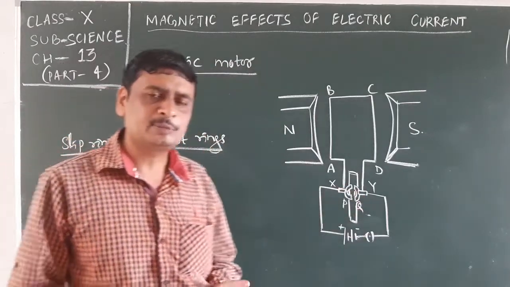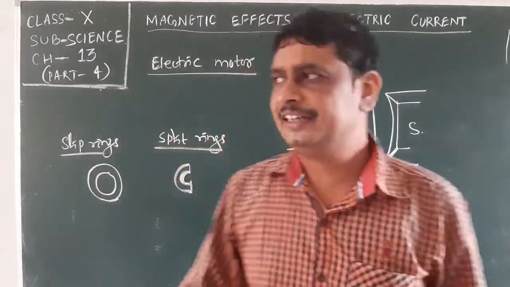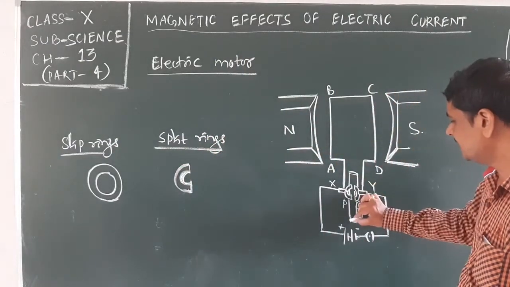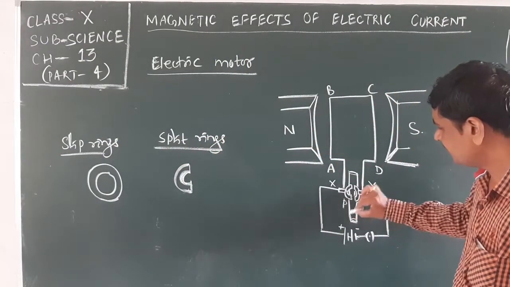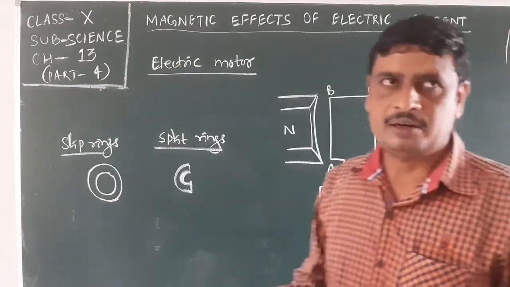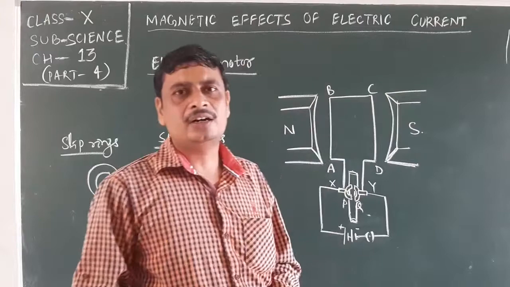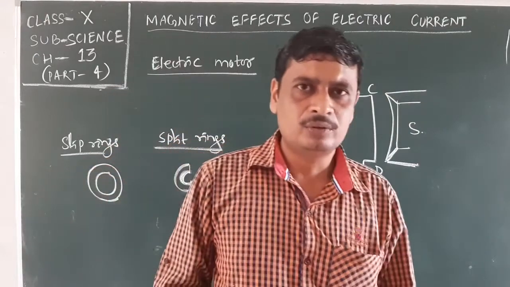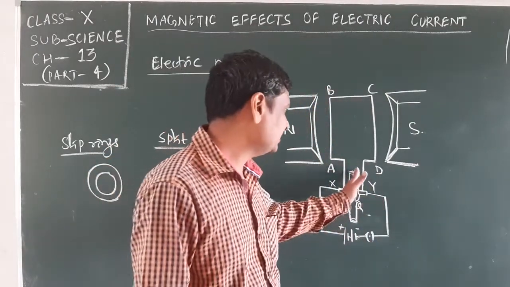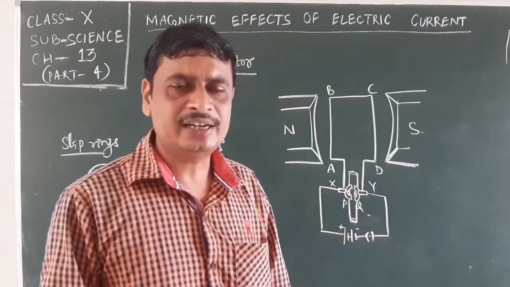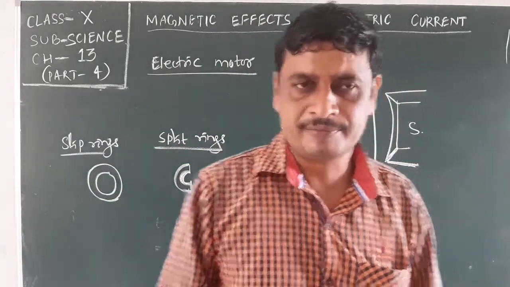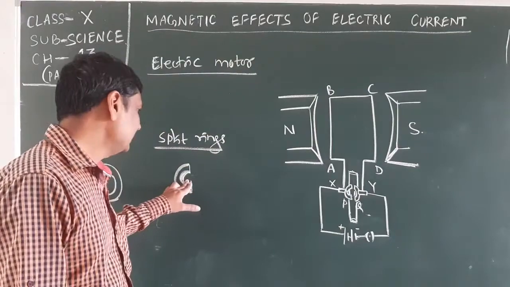If the inner part of the split ring were not insulated, the electric current could conduct through this axle, and the parts attached to it, like the blades of a fan or the blades of a mixer, could conduct electricity, and we could get an electrical shock when we touch it. That's why the inner part is insulated.